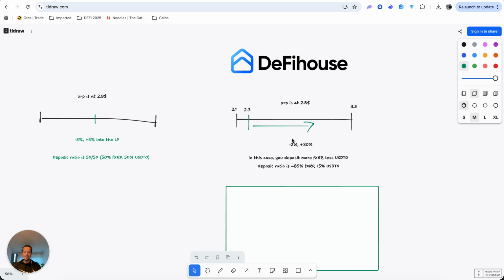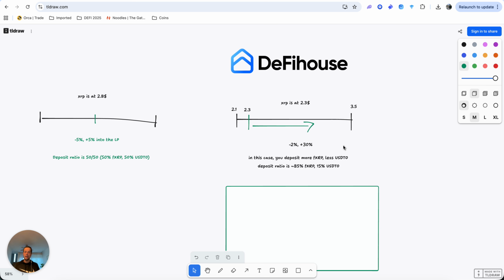So you set the range between 2.1 and 3.5, more or less, right? And let's assume that the current price is 2.3. This is your entry. So if you give just a little bit of space to the downside, but a lot of space to the upside, let's say your range is -2% to +30%, okay?